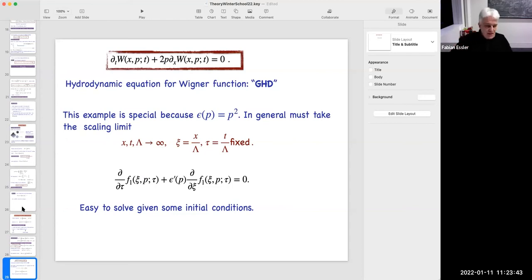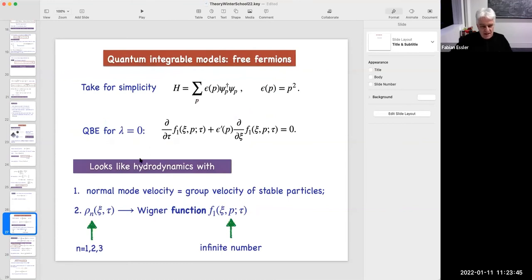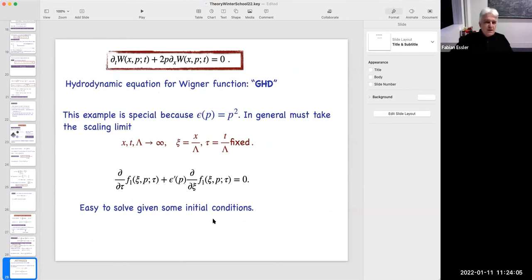And that's precisely this generalized hydrodynamics in its simplest case. In other words, for free fermions, you have hydrodynamics, but in such a way that the normal mode velocity is the group velocity of stable particles, and you get hydrodynamics for a function which is some kind of generalized mode occupation function. I should note that this little derivation is a bit atypical because I didn't have to take the late time, large space limit in order to get this hydrodynamic equation.